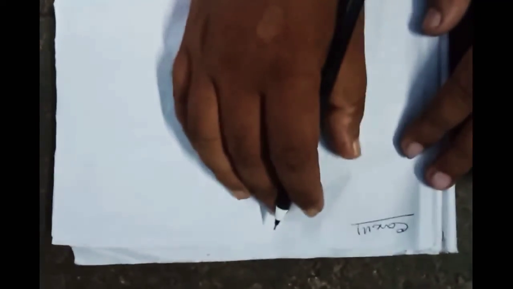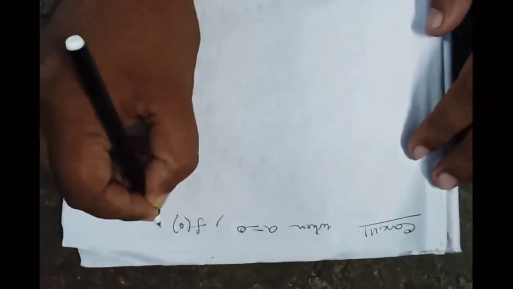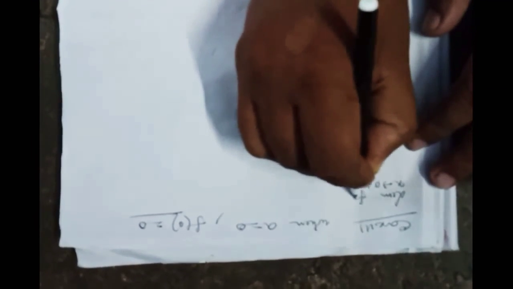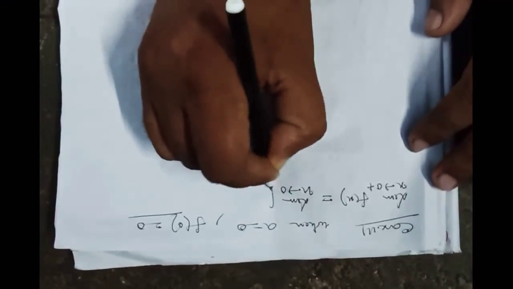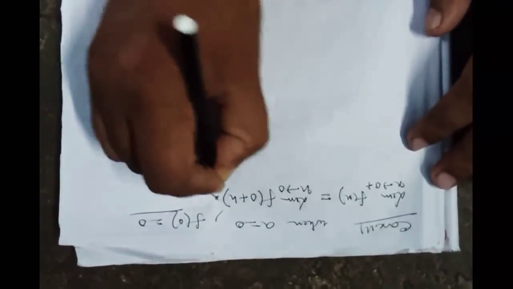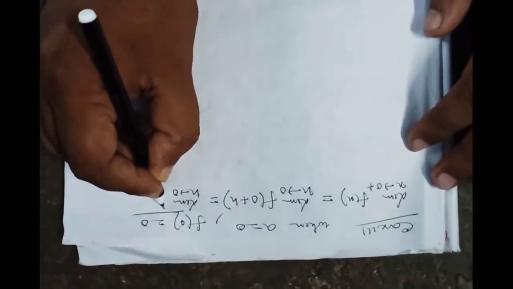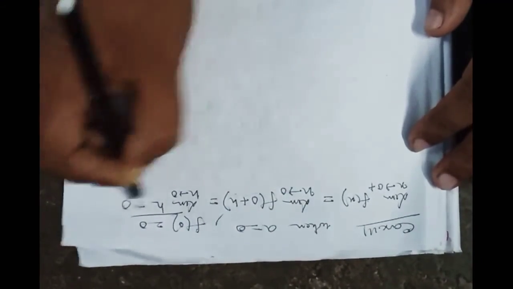Next, case 3, when a equals 0. So here obviously f of 0 is equal to 0. So limit x tends to 0 plus f(x) equals limit h tends to 0 f of 0 plus h, that means limit h tends to 0 f of h, that means only h, that means 0.